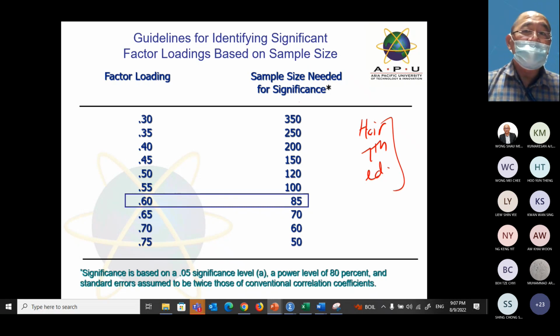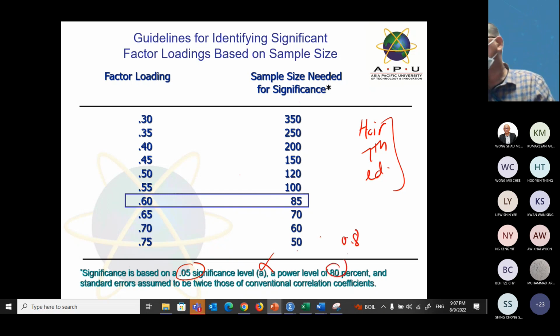The significance is based on the 5% significance level. See the alpha in the bottom 2 lines. So alpha 5%, and the power is 80%, means 0.8. Remember power we discussed in chapter 1.